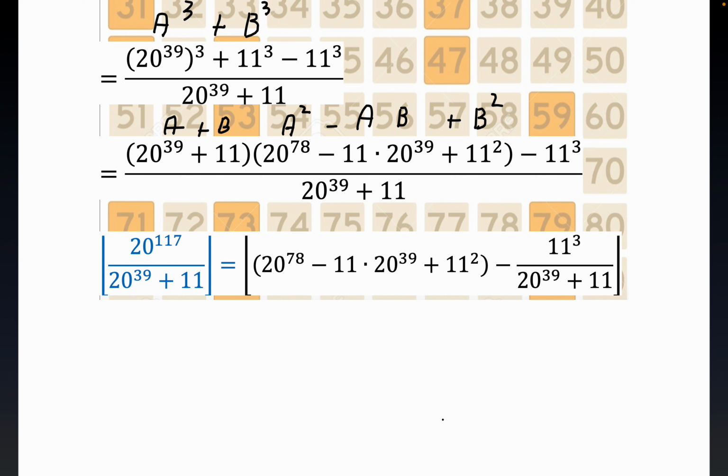The floor function of an integer is an integer, so we can rewrite this as 20 raised to the 78th power. Notice these leading terms have tons of trailing zeros. 20 to the 78 has 78 trailing zeros. The term right after it has 39 trailing zeros.